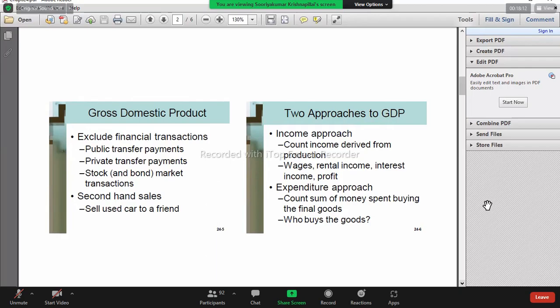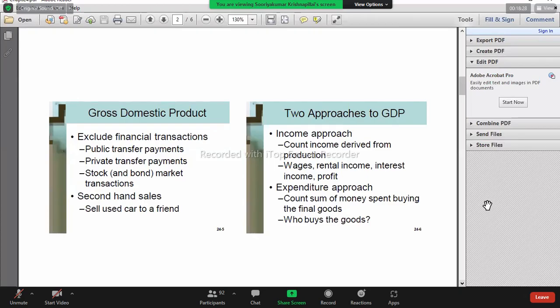Income approach. In the income approach, we count the income derived from production. The household supplies labor, and for that they get wages.